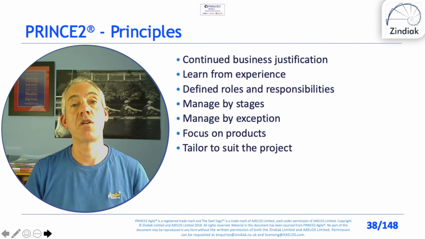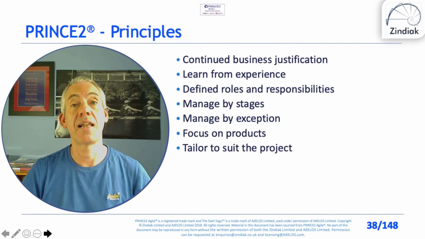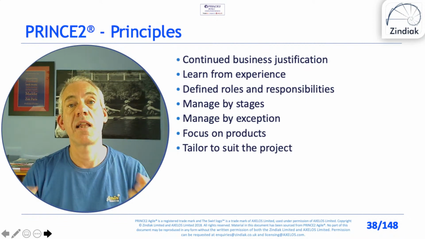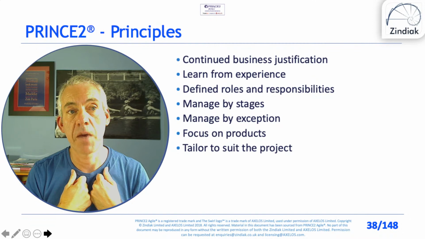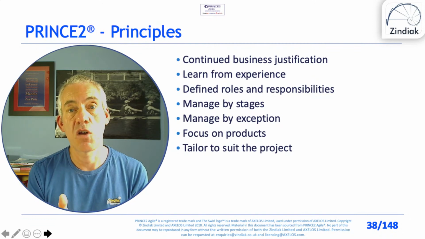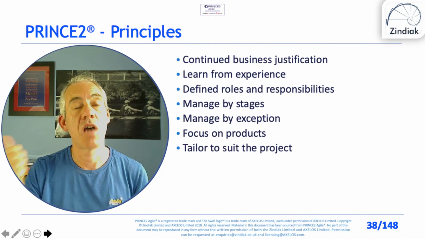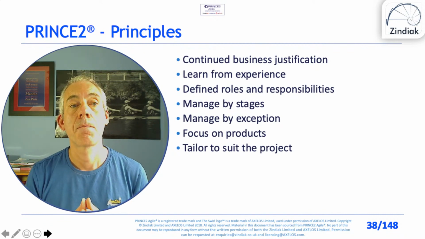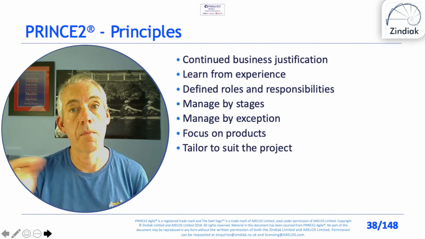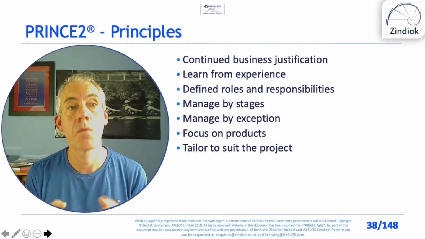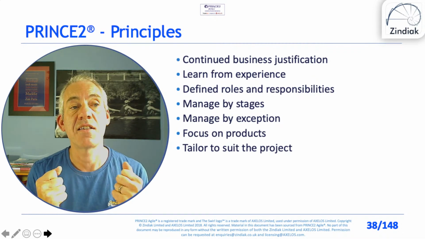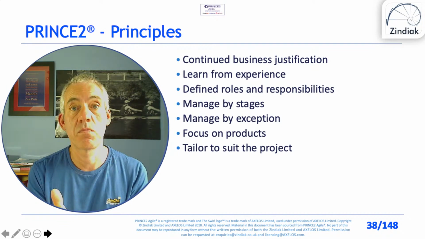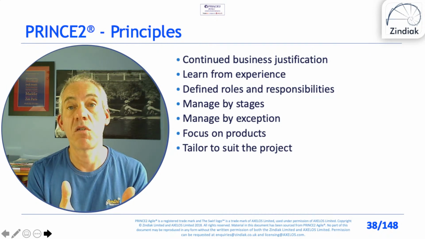So managed by exception is all about supporting delegation. The project board delegate authority to the project manager within tolerances on time, cost, scope, risk, benefits and quality. On an agile project, time and cost tolerances may be 0, and the project manager delivers within that authority.